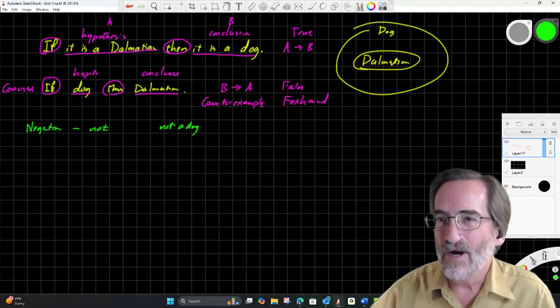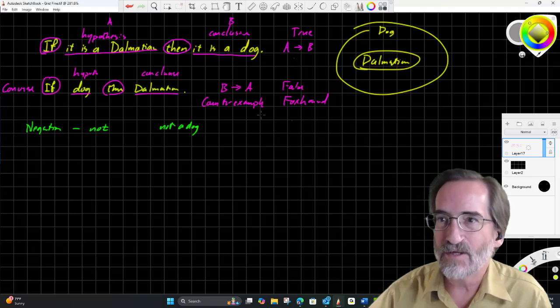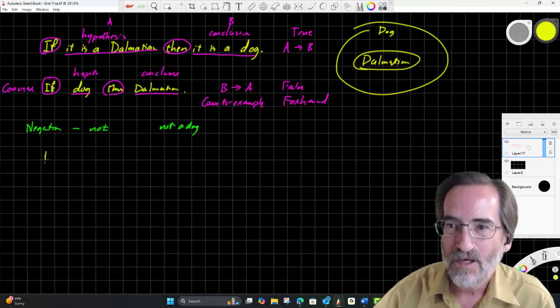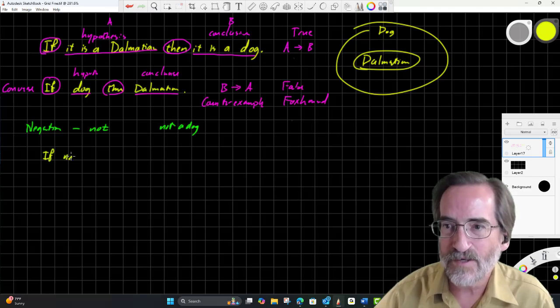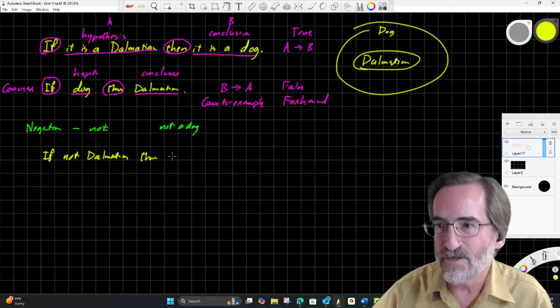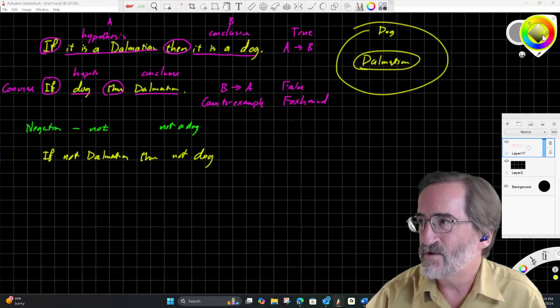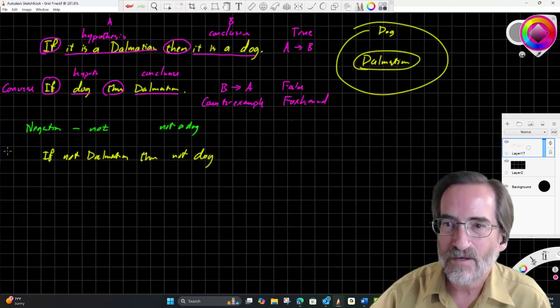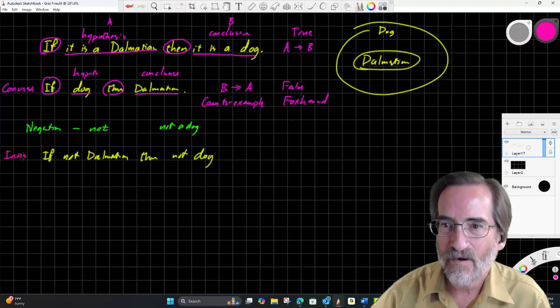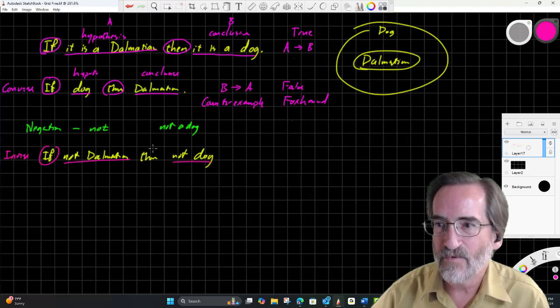Okay, now if I want to negate the original statements, going back to the if it is a Dalmatian, then it is a dog. If I negate both, if it is not a Dalmatian, then it is not a dog. This is a statement that is called the inverse. Okay, if it is not a Dalmatian, then it is not a dog, is the inverse.